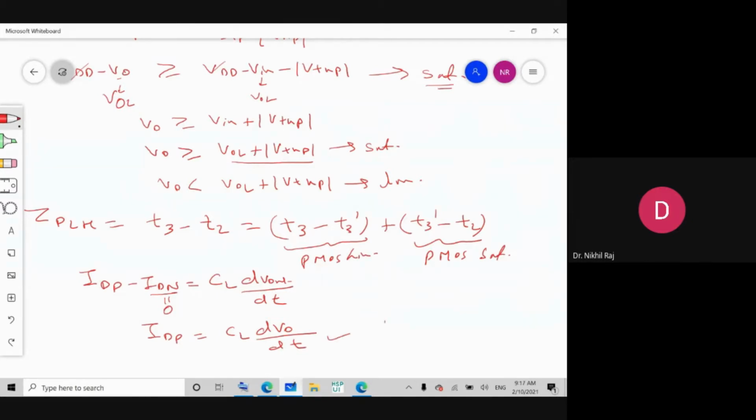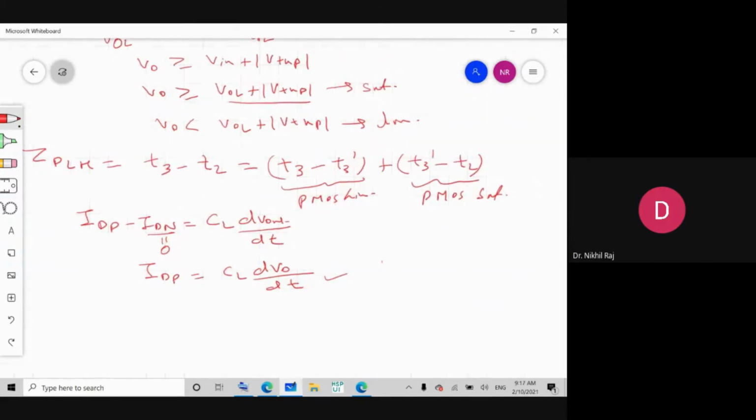In this equation we first have to start with saturation, because this is the earlier time, from T2 to T3 dash.